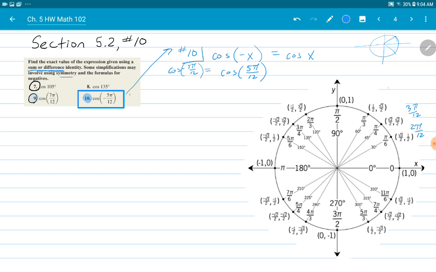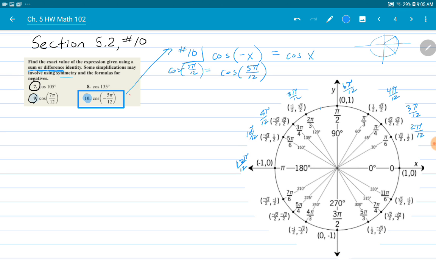And then pi over 3 is 4 pi over 12. We don't have 5 pi over 12, which is what we're trying to find, but we can keep going in that process. 6 pi over 12, but again, we don't have 7. 8 pi over 12, 9 pi over 12, 10 pi over 12, and of course 12 pi over 12 at pi.